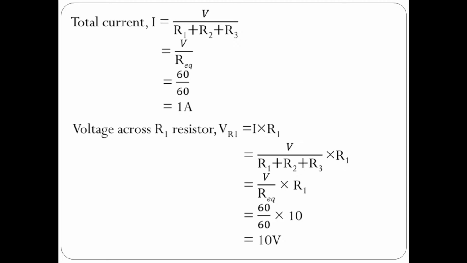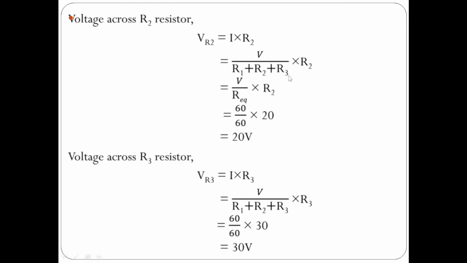Okay. Now, what is VR2? VR2 is I into R2. So I is V by R1 plus R2 plus R3, into R2. Instead of writing R1 plus R2 plus R3, you can write V by R equivalent into R2. So V is 60, R equivalent is 60, R2 is 20. Just solve it, you will get 20 volts.